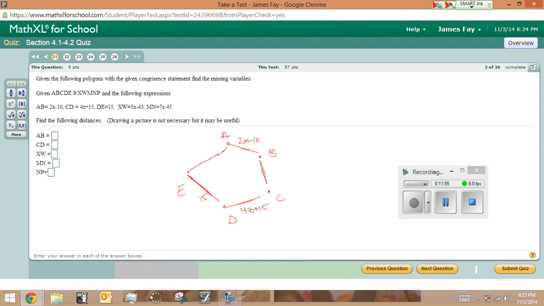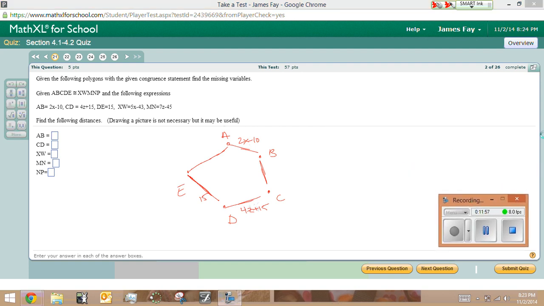Now, the reason I'm drawing a picture is because it's easy for me to show what's corresponding, which parts are matching up. So I'm going to draw this polygon here, but redraw it so it's exactly like this one. So A and X have to be the same vertex, corresponding. Then we're going to go to W, so W has to match to B. And then we'll go down to M, which has to match with C. And then N has to match with D. And then P will match with E.